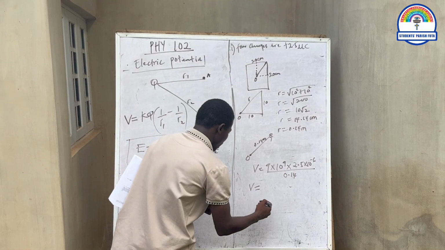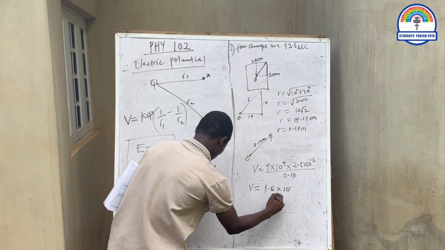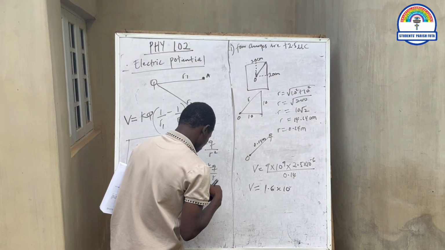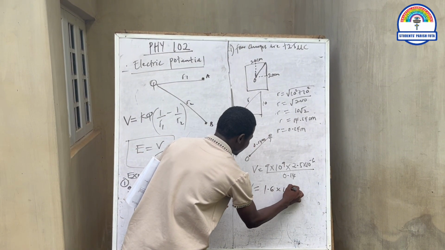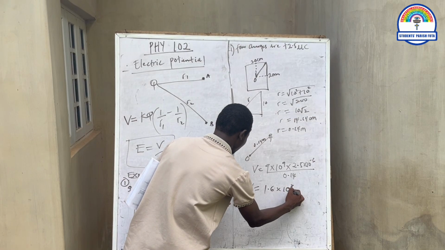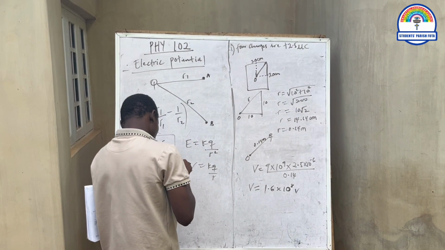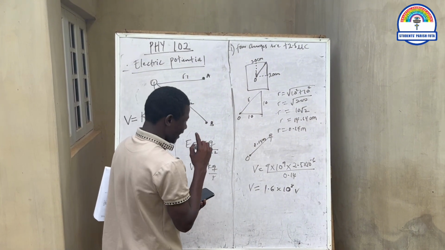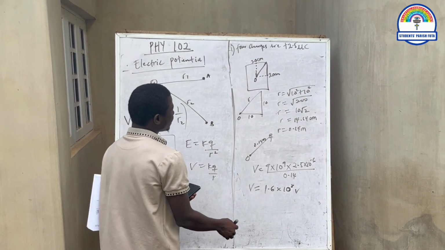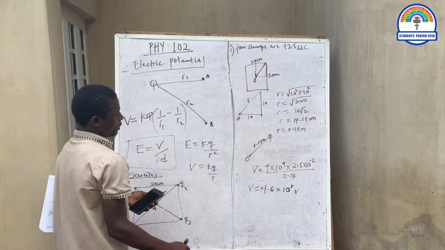So I should have 1.6 times 10 raised to power 8 volts. So that is the potential difference at this point, and it is positive since I have my positive charge here.